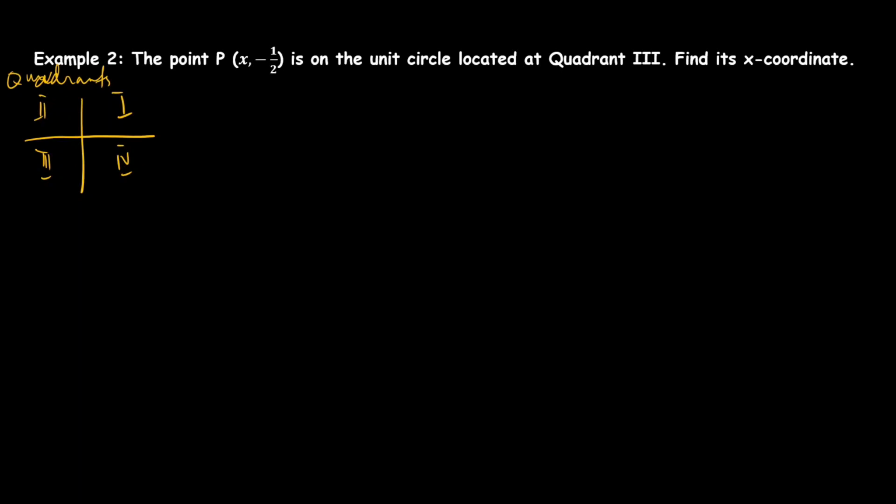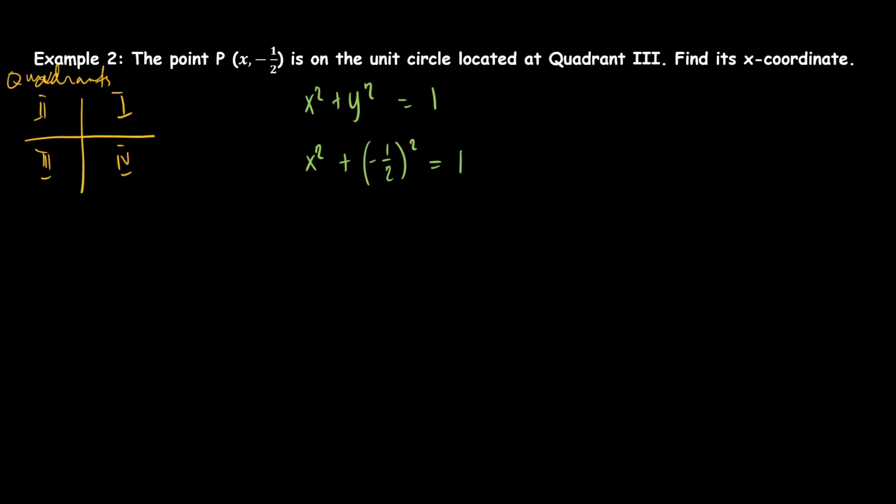Now we're going to find the x-coordinate using the unit circle. Write the formula: x squared plus y squared equals 1. Here our x has no given value, so copy x squared. For our y, we have negative 1/2 squared. And then equals 1.